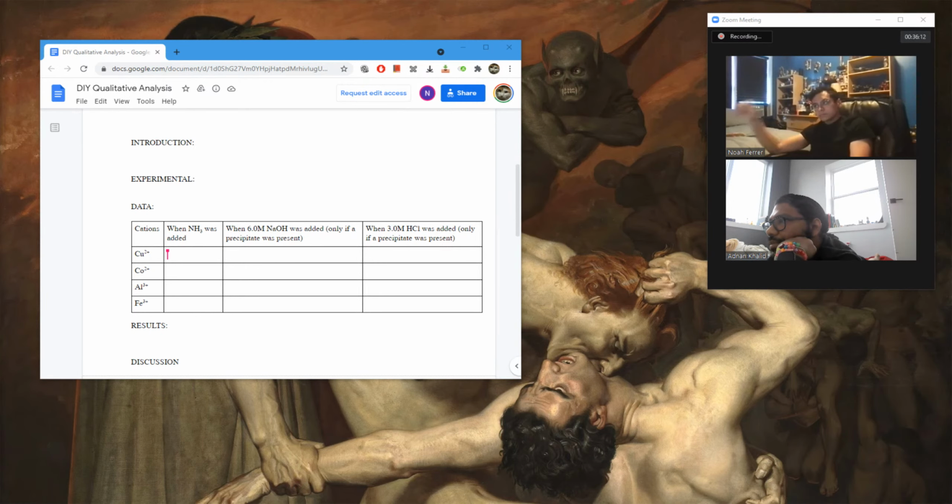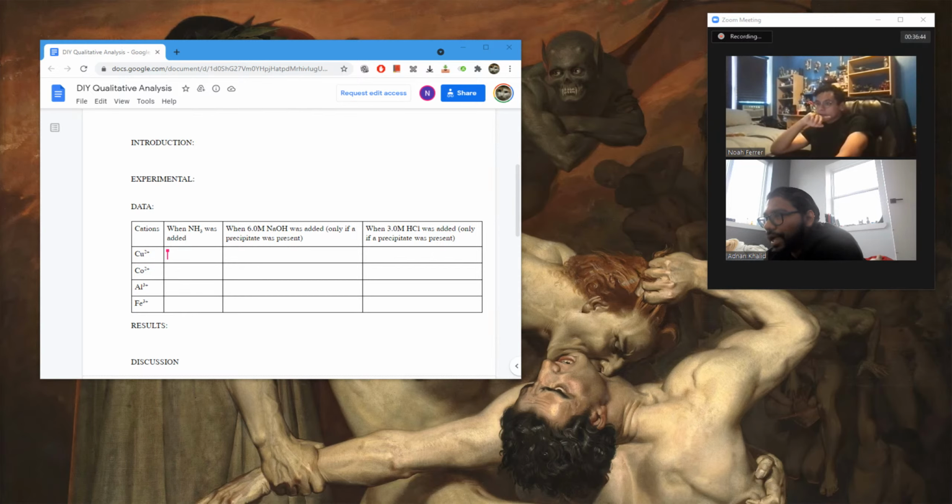So the precipitate forms on the bottom, and we put it in a centrifuge. And when it does that, it causes the precipitate to be stuck on the bottom of the test tubes. That is called the centrifugate. And then you wash it with water and recentrifuge it. And that's just to separate it.